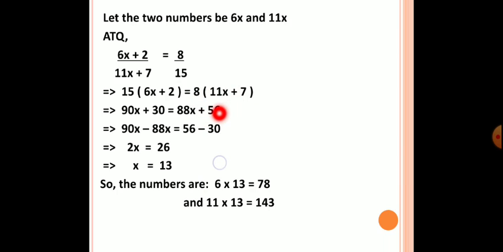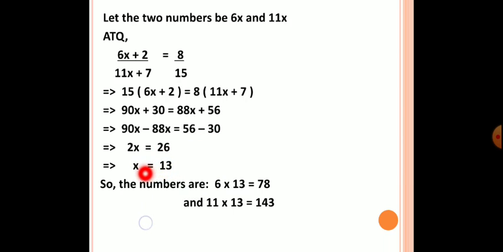Now take all the x terms on one side: 90x minus 88x. And if we take this 30 to the other side, it will become 56 minus 30. So by subtracting 90 and 88, we got 2x, and 56 minus 30 is 26. Therefore, x is equal to 26 divided by 2, that is 13.